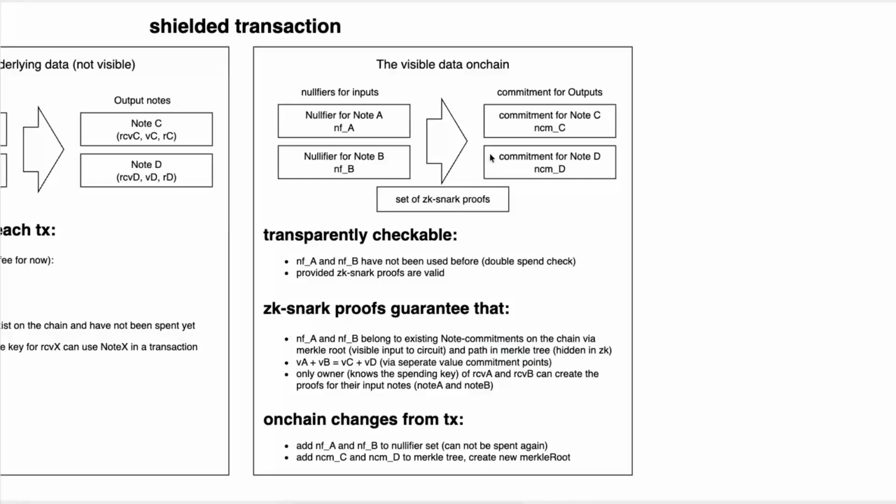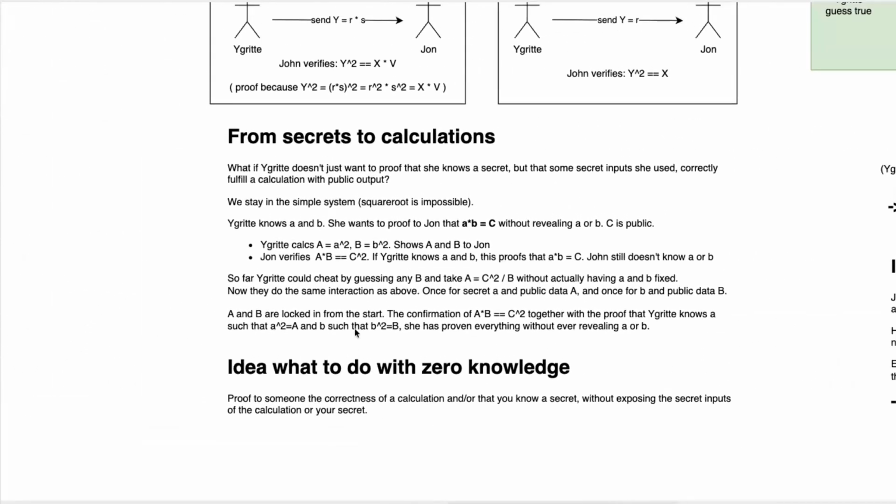The commitments are public outputs, kind of. Nullifier is a public output because they are there. And so we have public data and we have secret data, and we want to prove that we choose a secret data that fulfills defined calculations leading to those outputs. And that's exactly what we are going to do with zero-knowledge proofs.